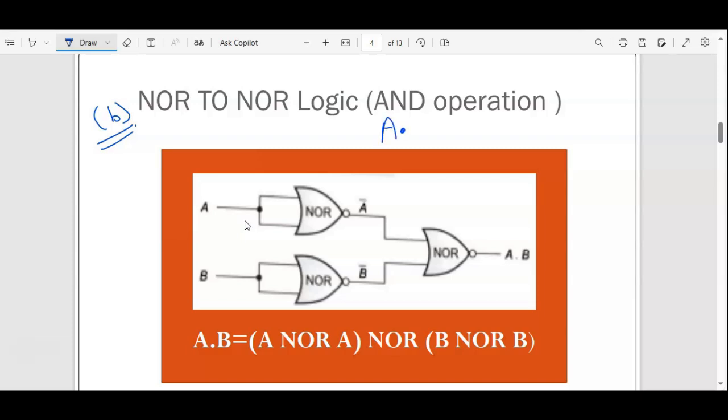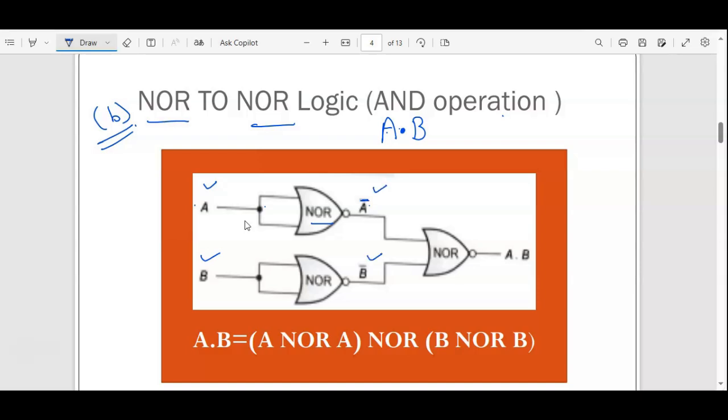So if the inputs are A and B, this is the AND operation. Please check it with the help of NOR to NOR logic. We have the single input here. As you know, NOR is the OR gate and NOT of it, so this will give the bar of the input. Input was A, so we are getting A bar, and input was B, so the output will be B bar.